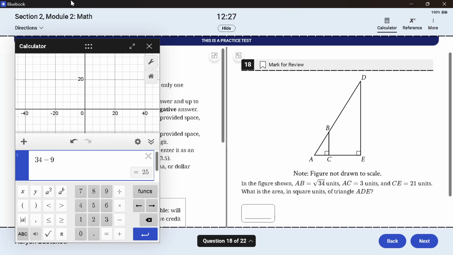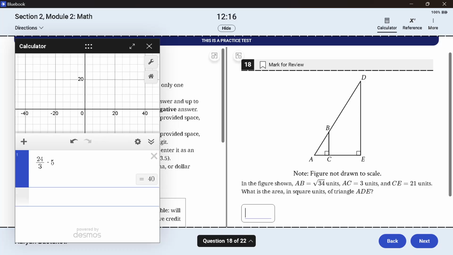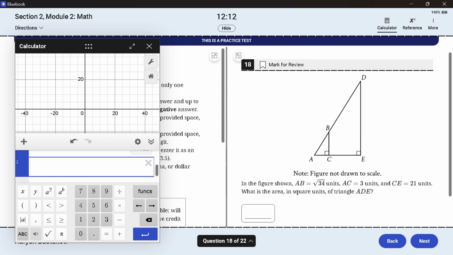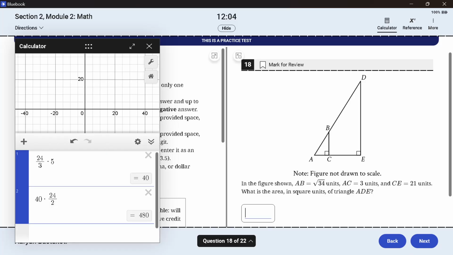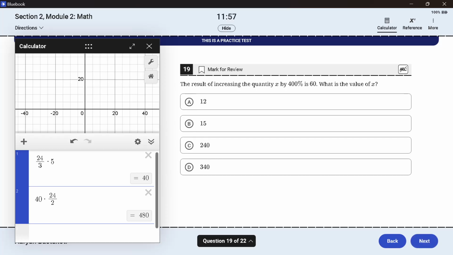So DE comes out to be 24 over 3 times 5, which is 40. So DE is 40, and 40 times AE, which is 24, over 2 is our answer. 480 is the area. 1 by 2 B into H, the base into the height.